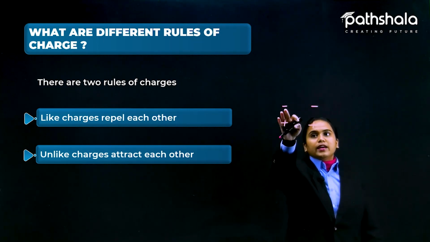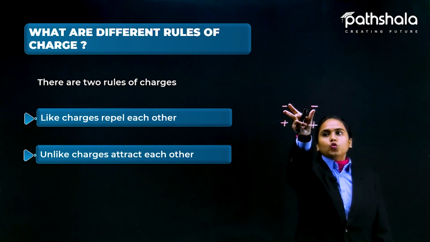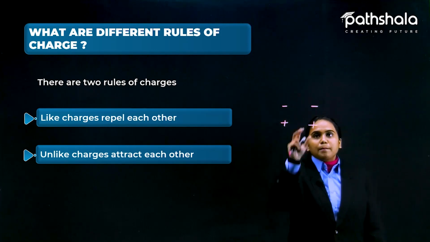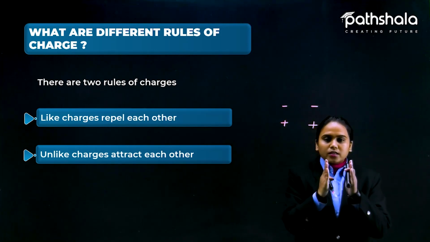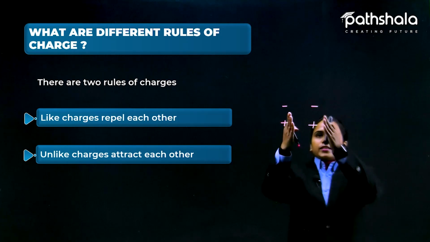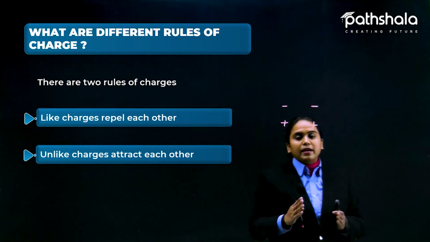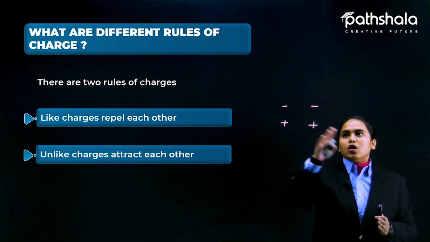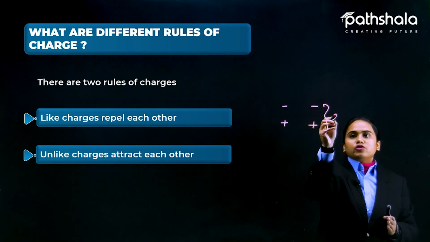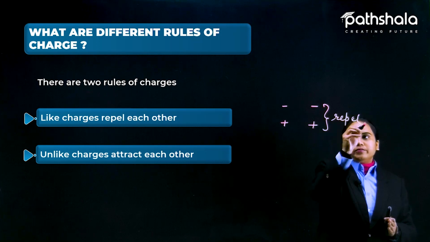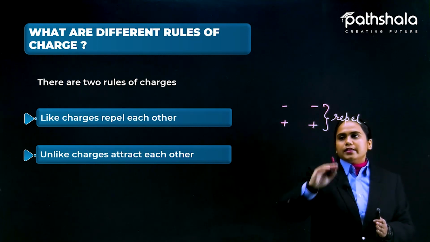If we are placing two negatively charged particles with a certain gap between them, but that gap is not too big, they would repel each other, having a certain distance between them.